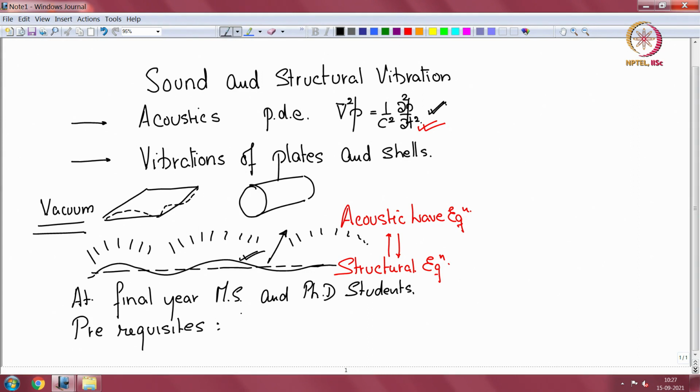That is, one should have had a course in fundamentals of acoustics, and a course in vibrations of continuous systems.